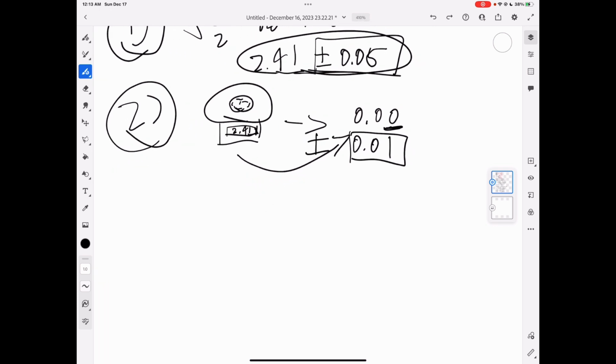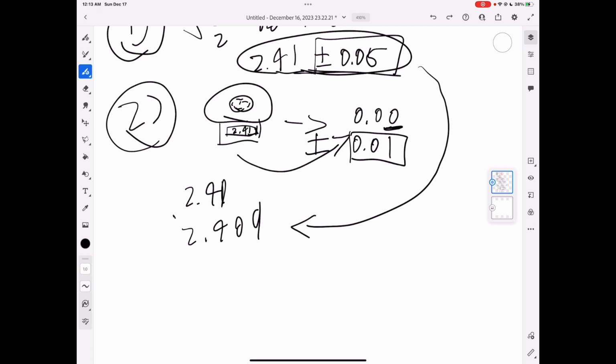So, as explained earlier, this allows us to see if two measurements are consistent, namely our 2.41 and our assumed 2.409, though this is not really accurate.